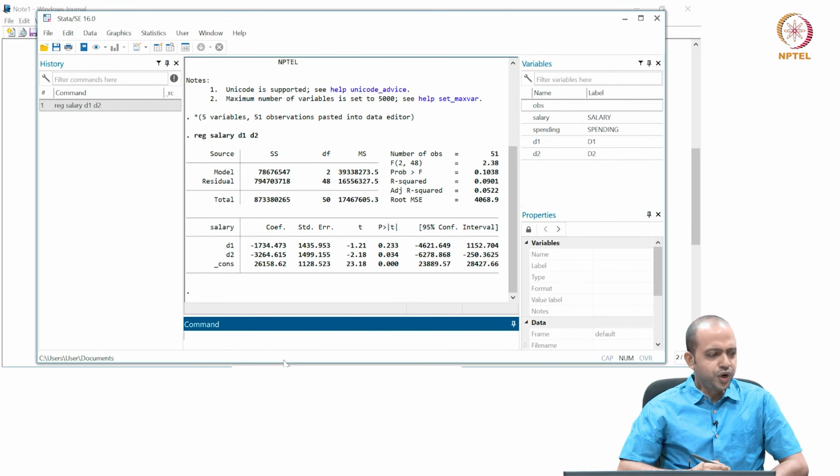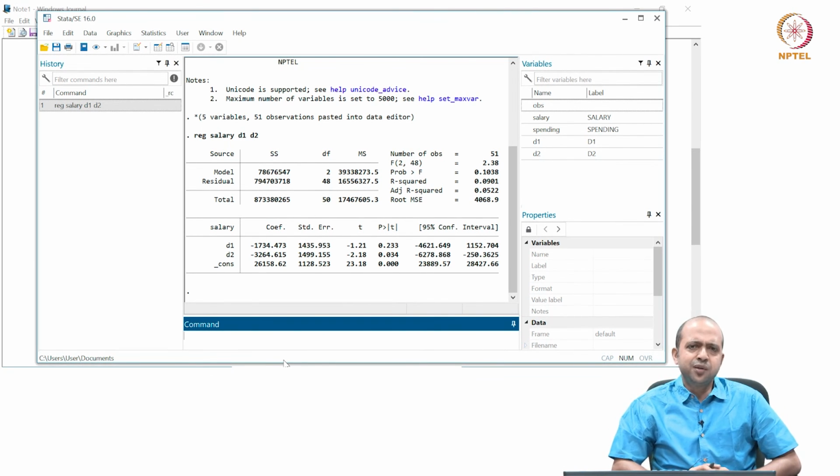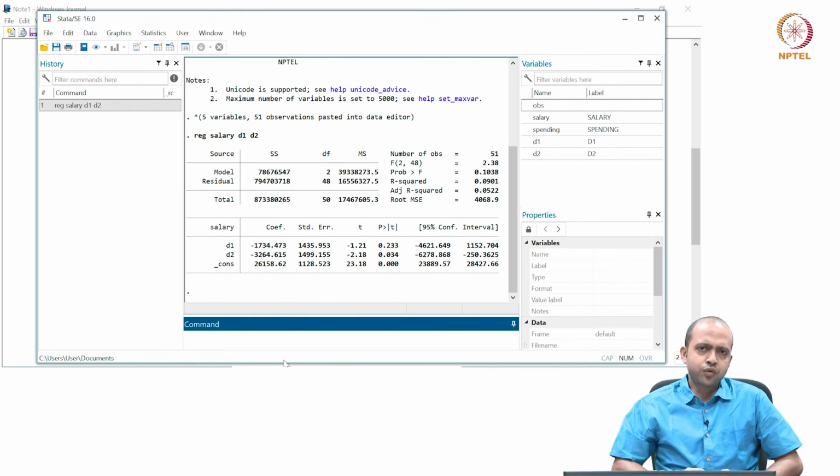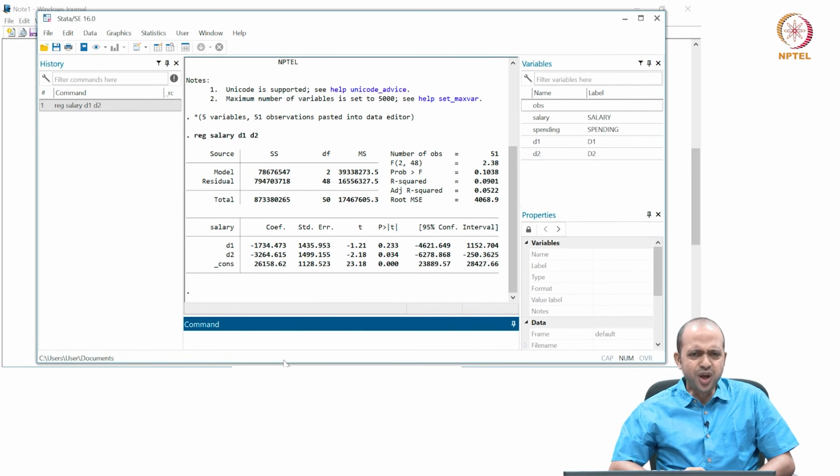Now, one question that comes to our mind, if our objective is to compare the mean salary of the three regions and to see whether there is any significant difference between inter-regional salary, why are you estimating the dummy variable model? You can simply take the arithmetic mean of the salary of the three regions and then compare.